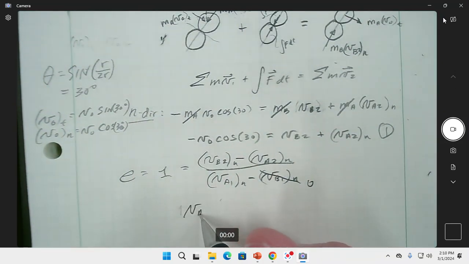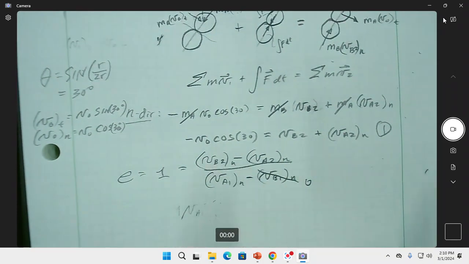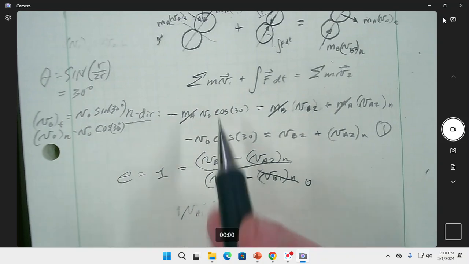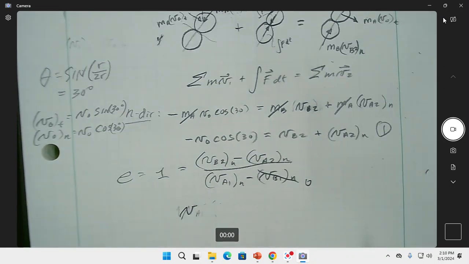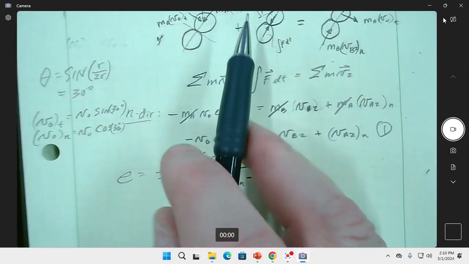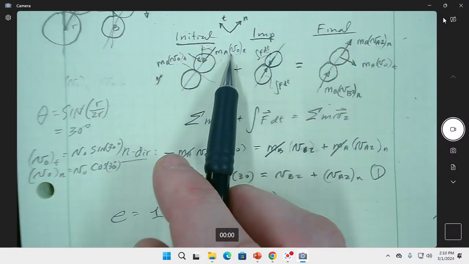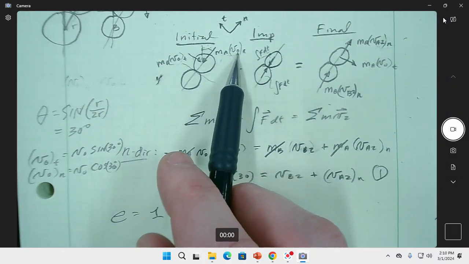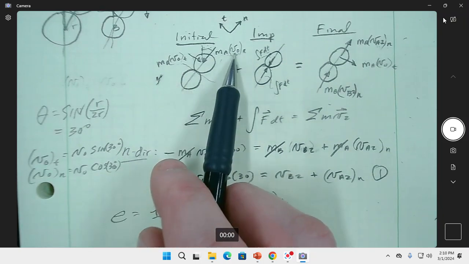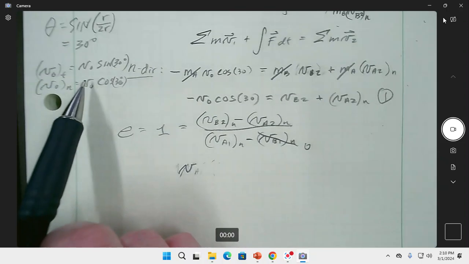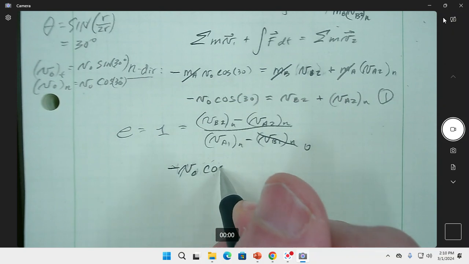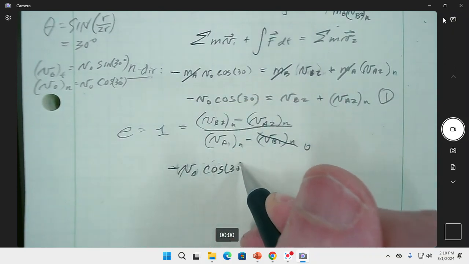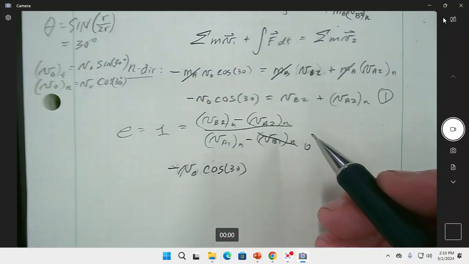So I say V A1, which I know, by the way, I can substitute right away. When I do this, I have to use the signs that are in my convention. My convention in this diagram is that V A1 is a negative V0 normal, which is a negative V0 cosine. I could have turned that into a number if I want to.